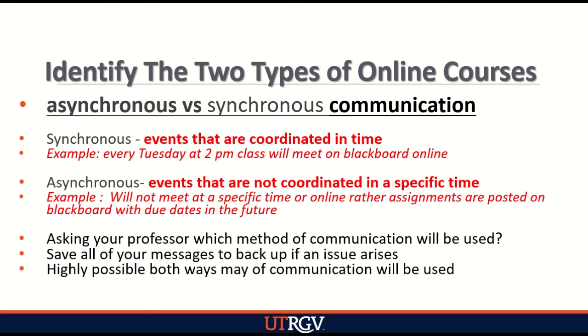The way it's defined is events that are coordinated in time. Let me give you an example. Every Tuesday at 2 o'clock, class will meet on Blackboard for class discussion. That's when you all meet, whether it be in Blackboard, Zoom or Skype, and interact with your professor.